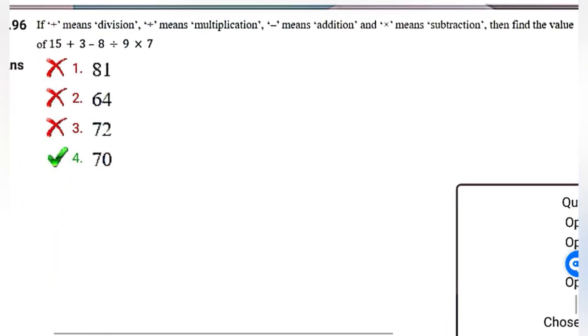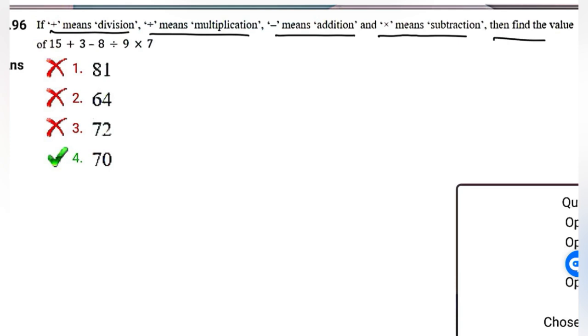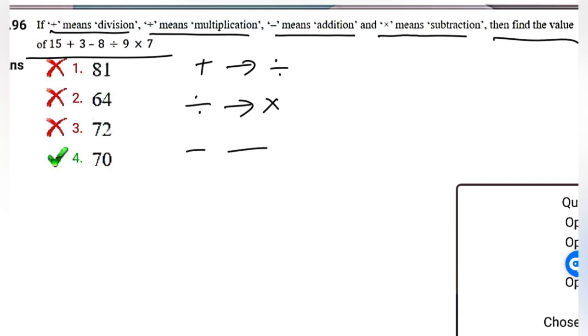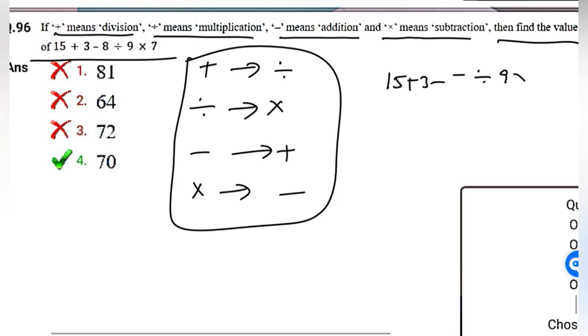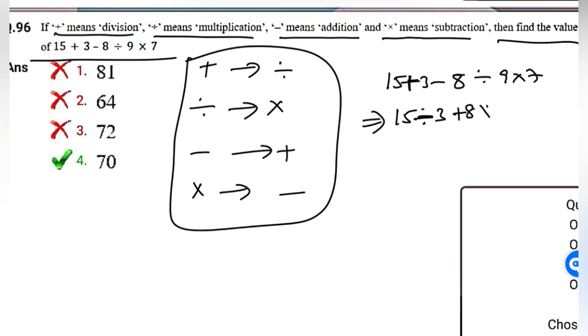If plus means division, division means multiplication, subtraction means addition and multiplication means subtraction, then find the value of the given equation. So 15 plus 3 minus 8 divided by 9 into 7 means 15 divided by 3 plus 8 into 9 minus 7.